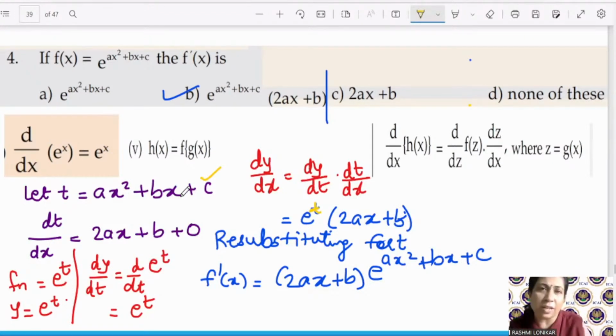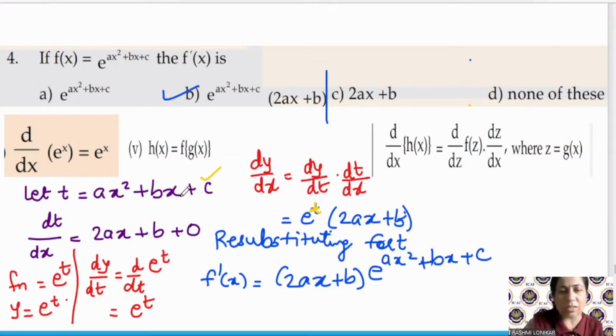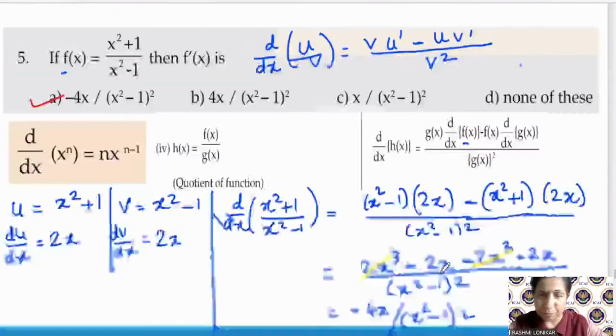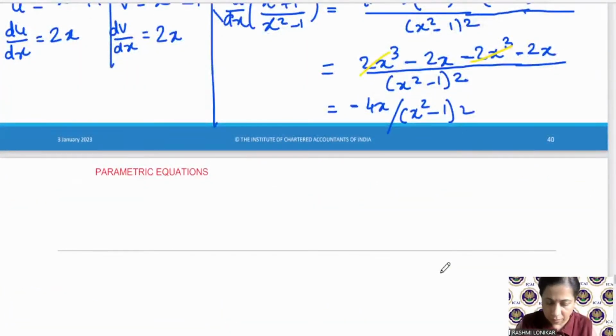Every sum you will take different values for t. In this case, it is ax square plus bx plus c. So instead of writing e raised to t, I will write it as e raised to ax square plus bx plus c. Clear? Got it? Yes. Okay.